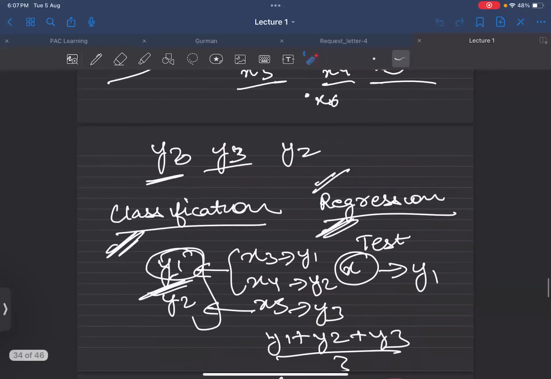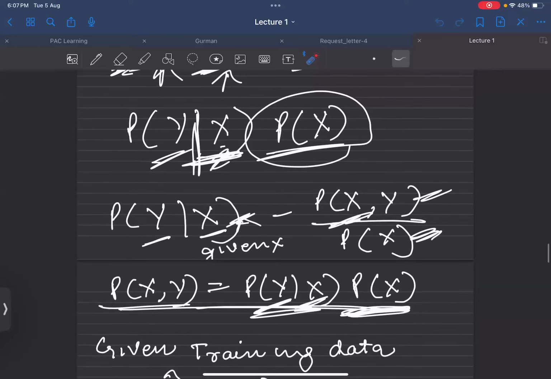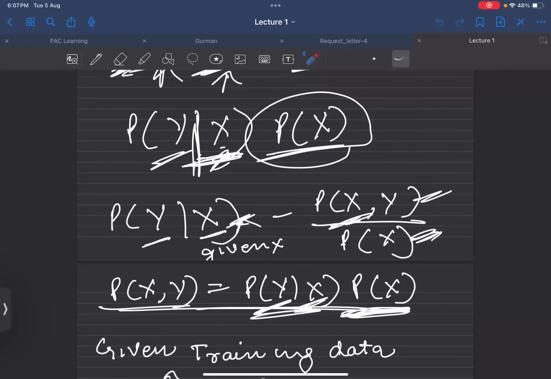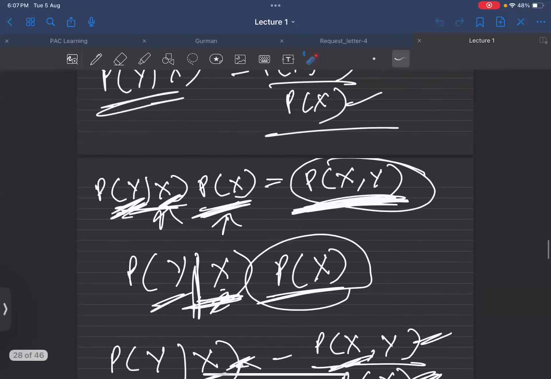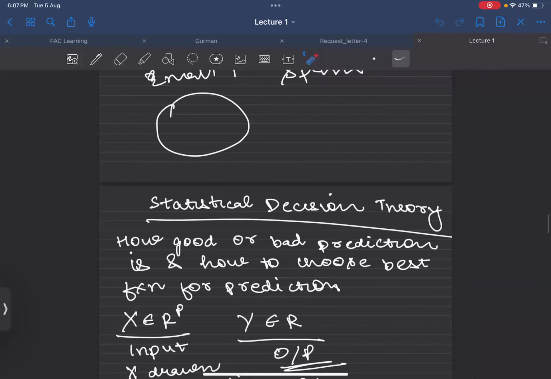There was some confusion in the last class, so let's discuss statistical decision theory. Sorry, not statistical learning, statistical decision theory. What we had done was how good or bad the prediction is, and how to choose the best function for the prediction.